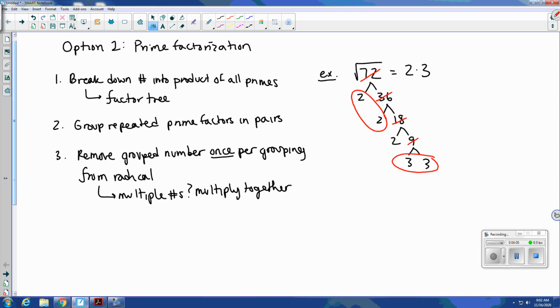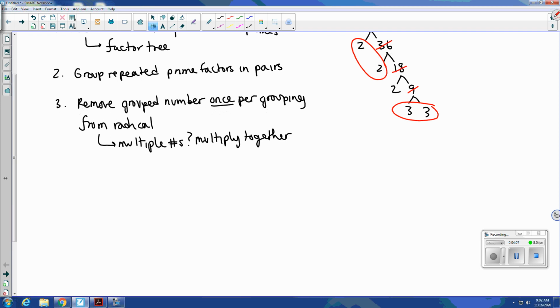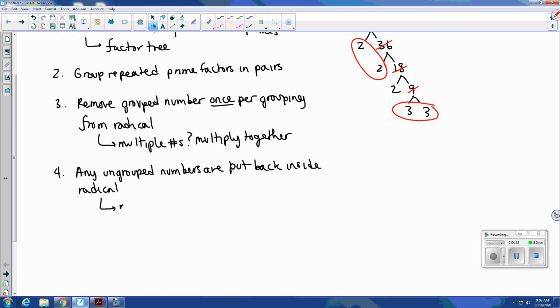Anything that did not get grouped, we put back underneath the radical. And again, if you have multiple numbers to put back underneath, you just multiply them together.